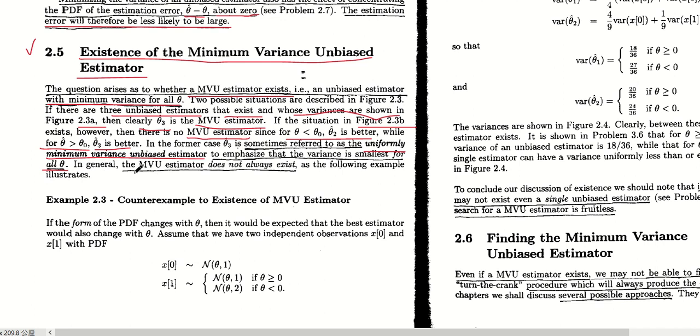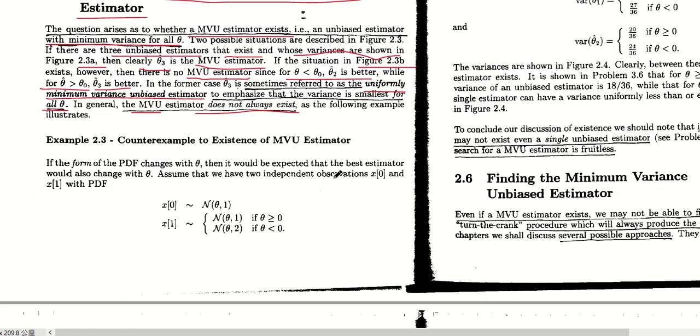In general, the MVU estimator does not always exist. So it may be, it may not be. Here we are going to talk about an example, a counterexample to existence of the MVU estimator.